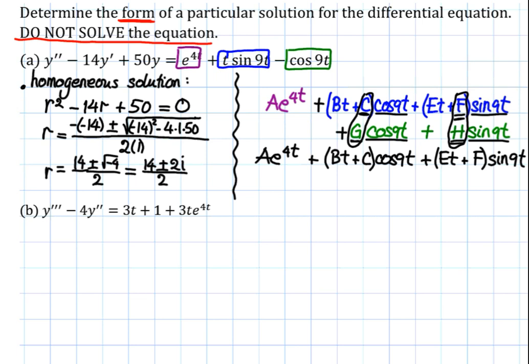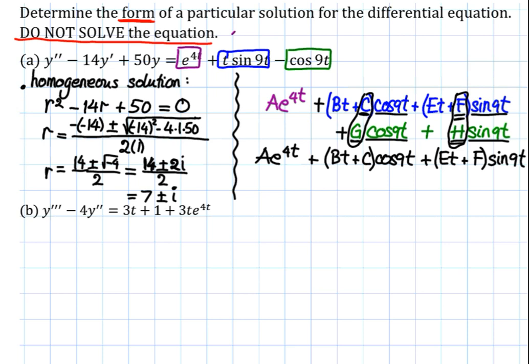And that gives us 7 plus or minus i. Notice both 14 and 2 divide by 2. So we have 7 plus or minus i. Right. Now we go back to our problem.